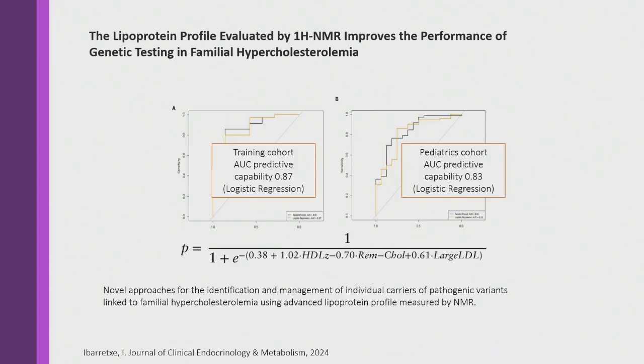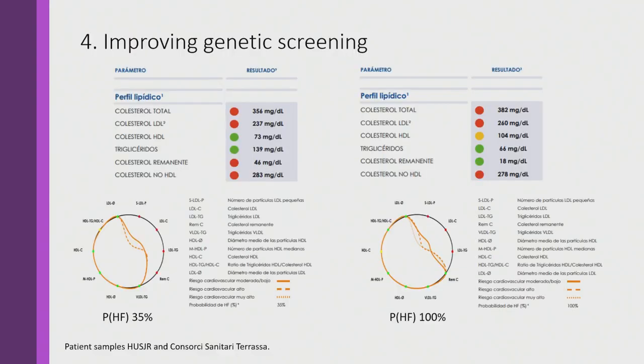And we identified some parameters that were relevant for this prediction. For example, the presence of large HDL particles, remnant cholesterol, and large LDL particles. And now we are applying that in the clinic, in the sense that any time there's a patient closely scoring high for FH, we analyze that and provide a genetic score for FH.